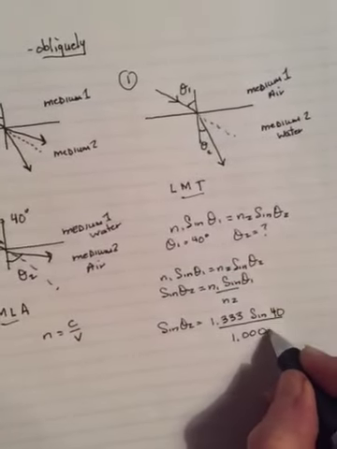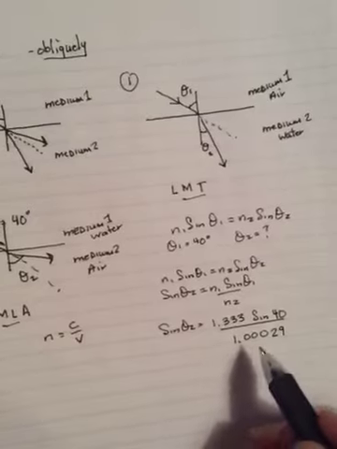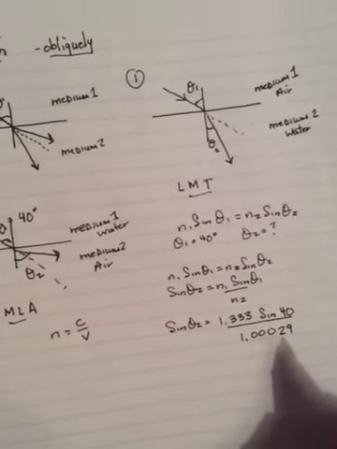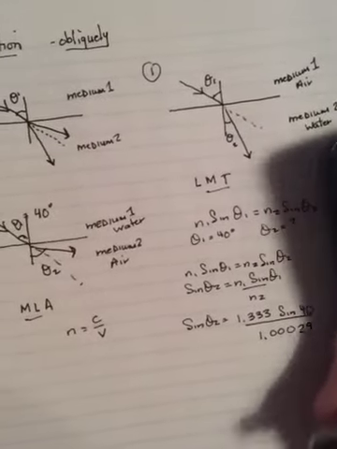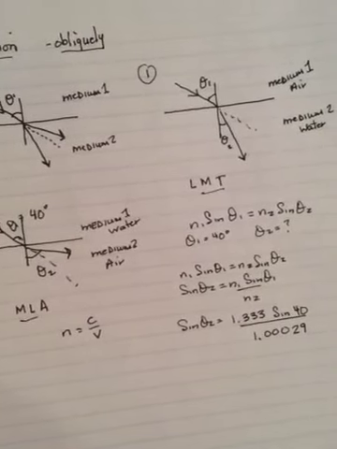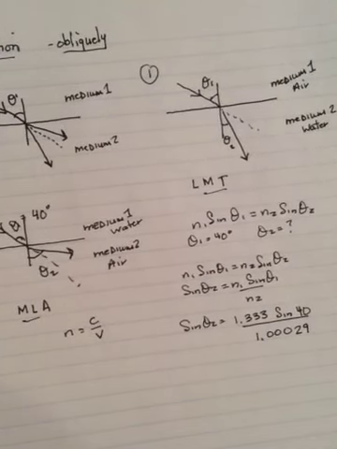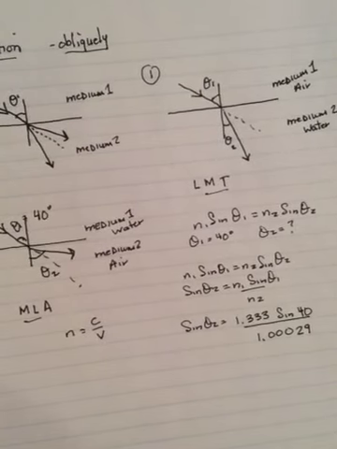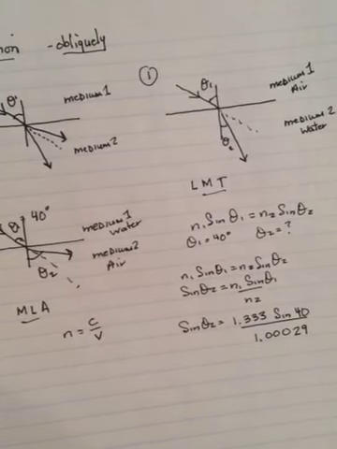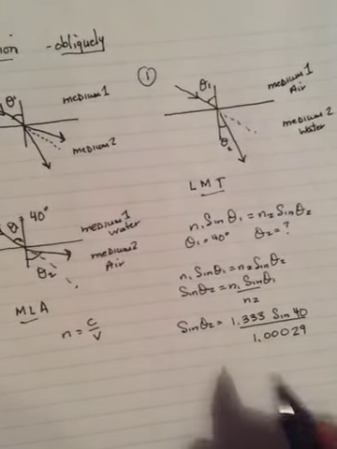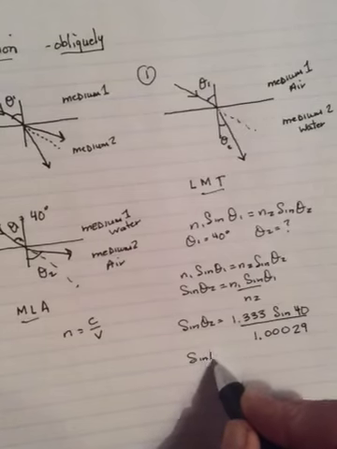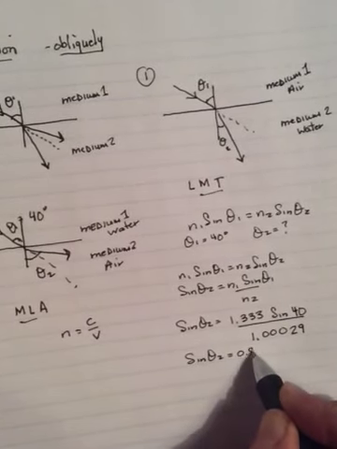Okay, so make this 0.29. Now, I know even as I write this that this might be a problem. So you take your calculator then, you do 1.333 times the sine of 40 divided by 1.00029. I forgot to put the 1 in. 1.00029.